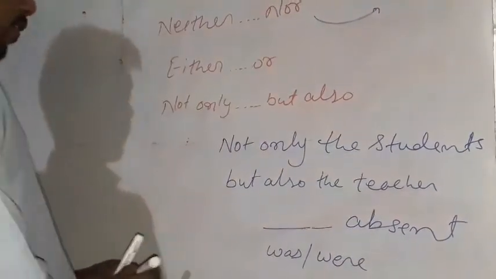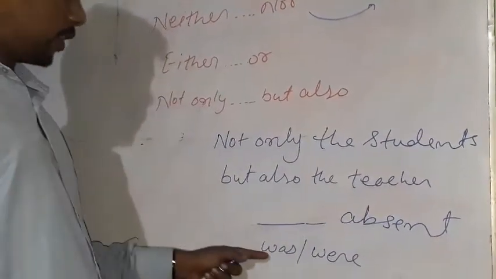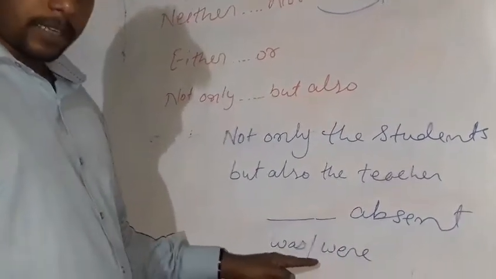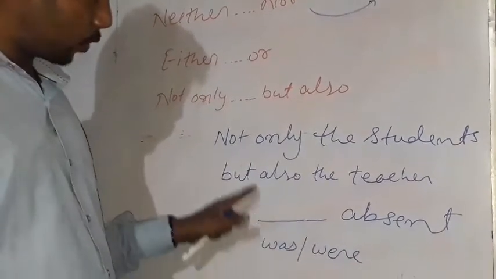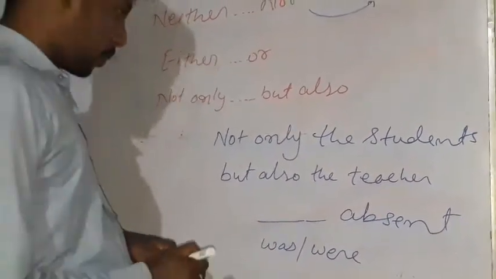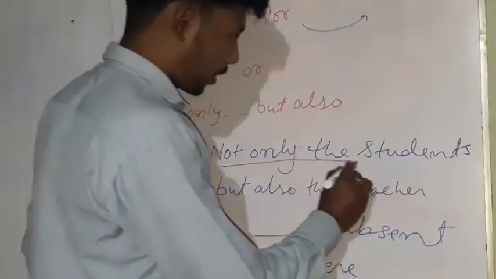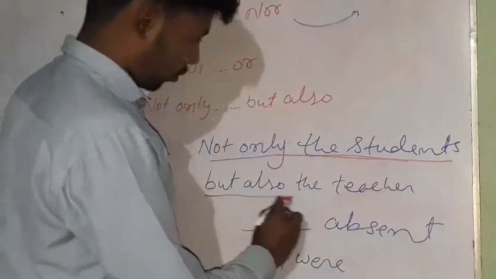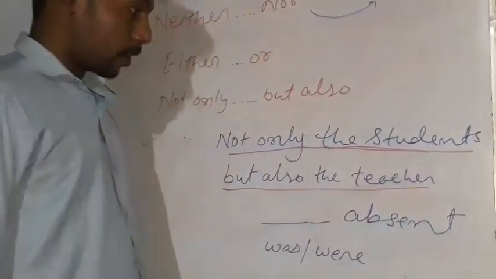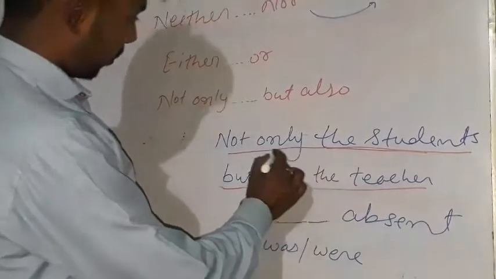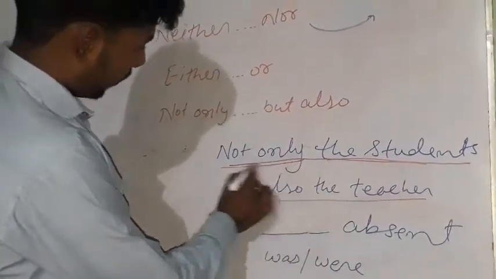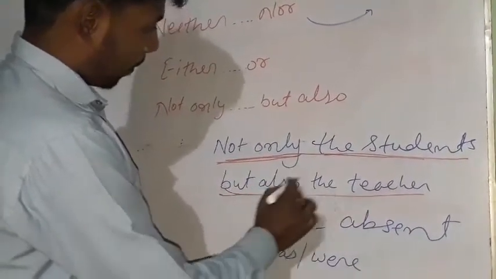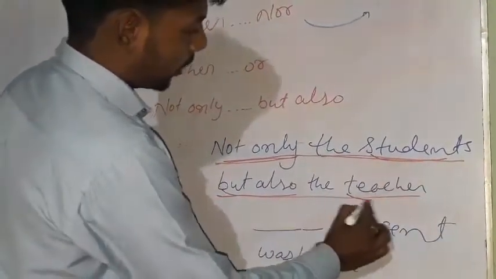In this sentence, you have to choose which verb will agree to the subject. Now the subject part is not only the students but also the teacher. This subject is formed with the coordinating conjunction not only but also, and the nouns are students and teacher.